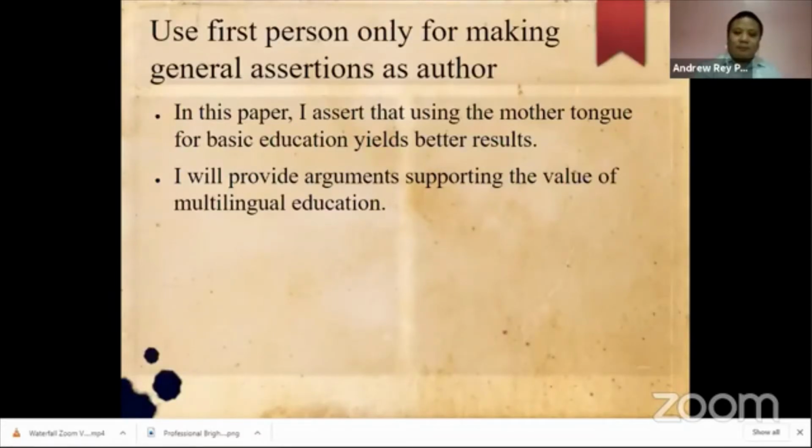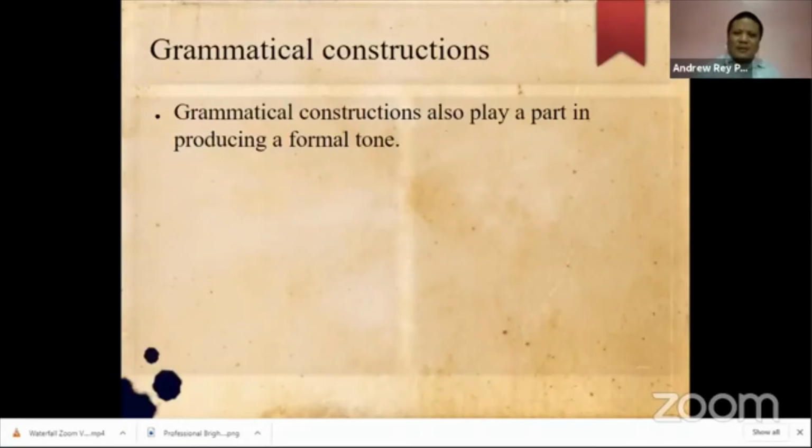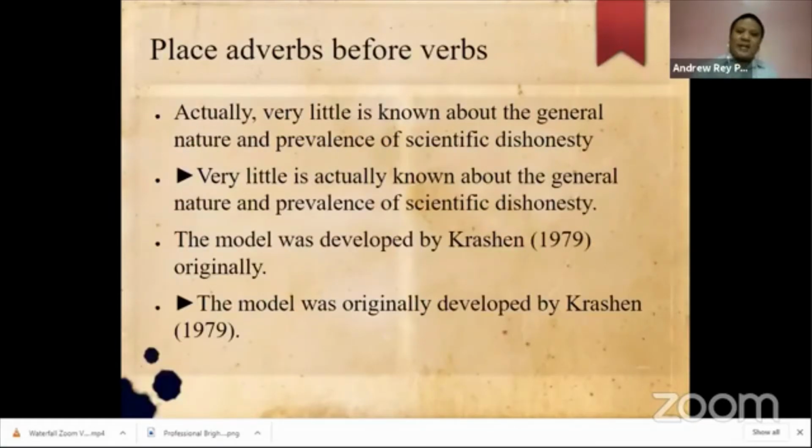Okay, let's talk a little bit about grammatical constructions in producing a formal style. Okay, grammatical constructions also play a part in producing a formal tone. Okay, one way is to place adverbs before verbs. It produces a more formal tone. Okay, for example, actually, very little is known about the general nature and prevalence of scientific dishonesty.